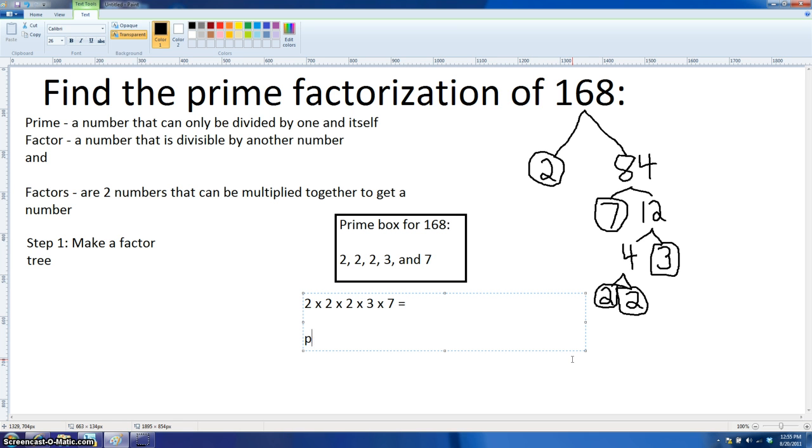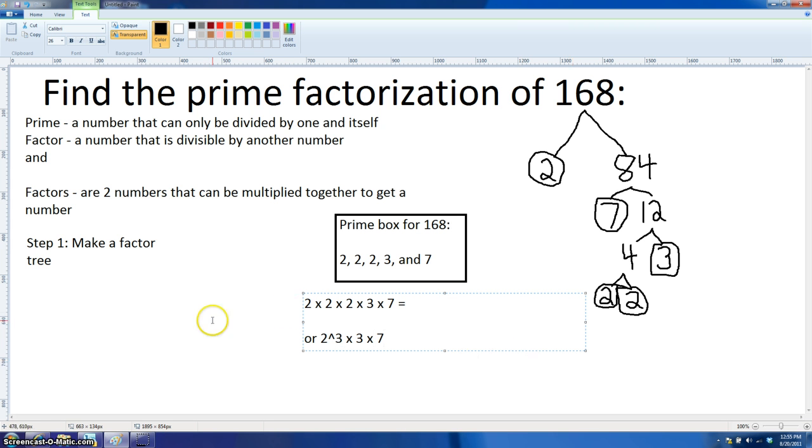Or it can be written as 2, how many times does 2 repeat itself? 2 to the power of 3 times 3 times 7. That's my other answer that I can do. Boys and girls, this arrow facing upward just denotes that this is an exponent.